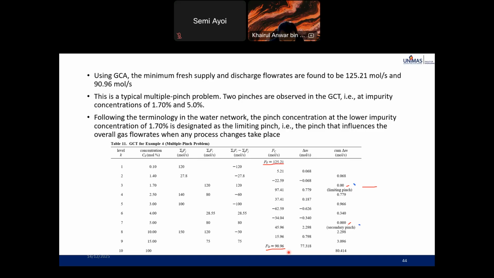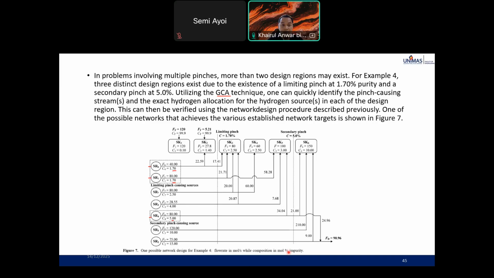Identification of the wrong pinch point will result in missed opportunity during hydrogen network debottlenecking. This is particularly important for a problem involving multiple pinches, where the region above the limiting pinch is the most constrained part of the network.